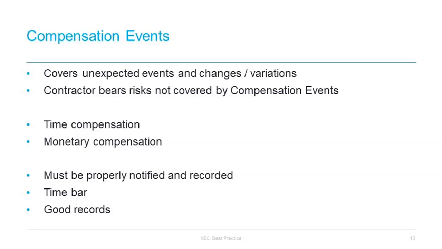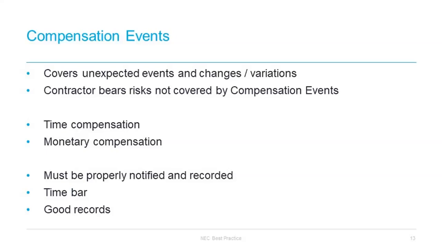The contractor then puts the instruction or change decision into effect. The employer may ask the contractor to submit quotes for a proposed instruction where the contractor has not yet put the work into effect. Now, as to compensation events which do not arise from a project manager's instruction or change of decision, the contractor notifies the employer of the event which has happened or is expected to happen as a compensation event, and the employer has not notified the event to the contractor.